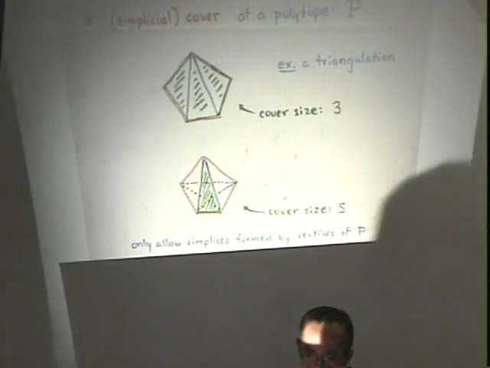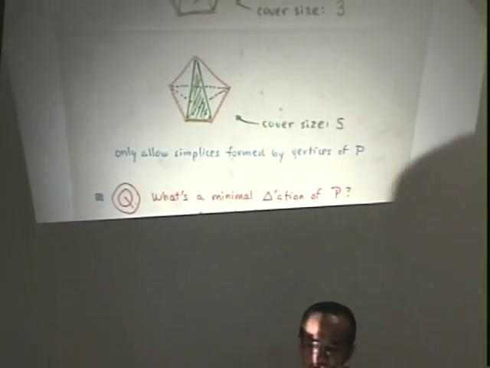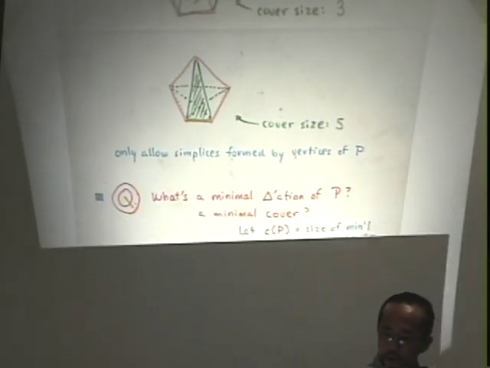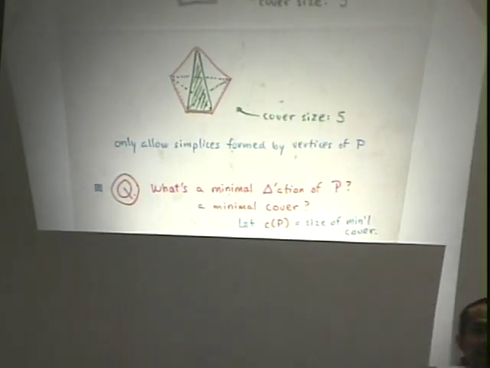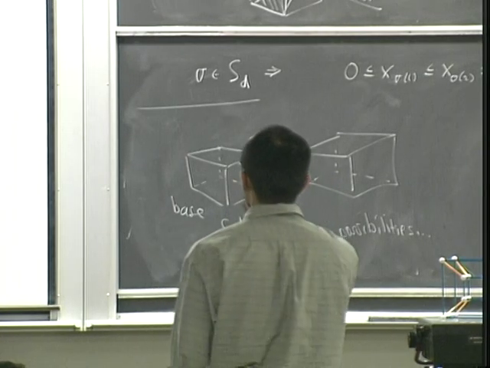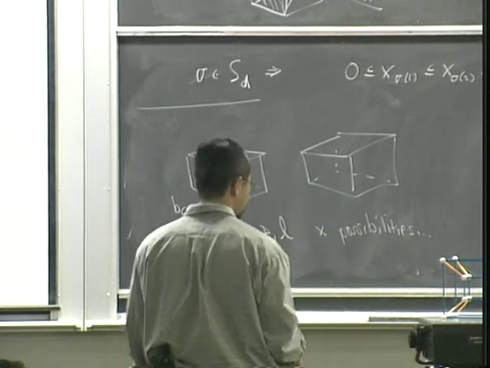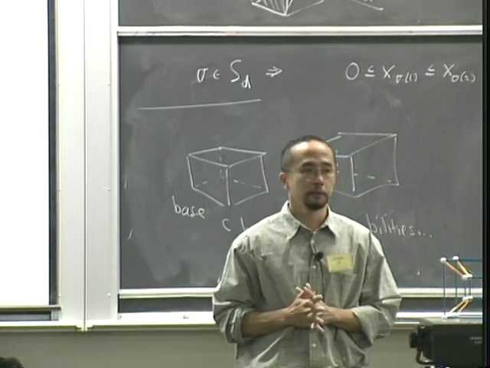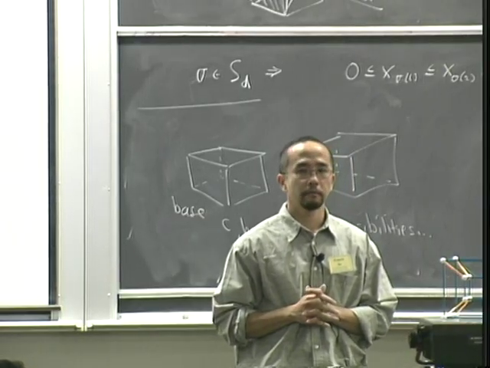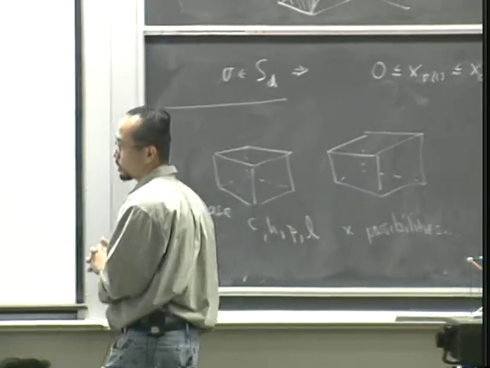And so a question you might ask is, what's a minimal triangulation or a minimal cover? I'm going to call C of P the size of the minimal cover. Now, if you know C of P, do you know anything about the size of minimal triangulation? Well, you have to be careful about what we mean when we say triangulation.